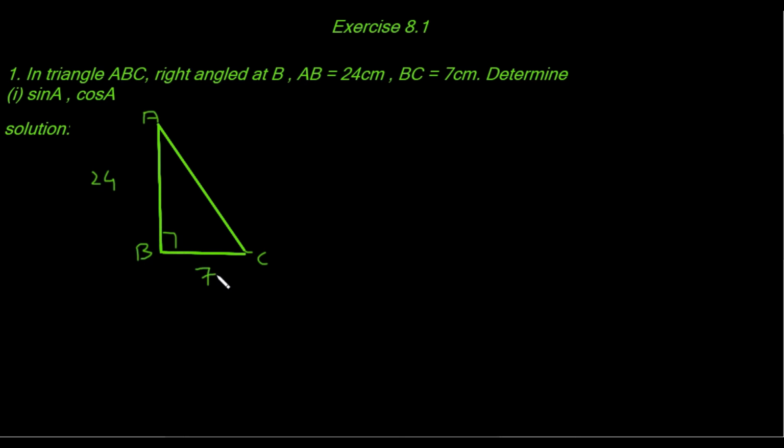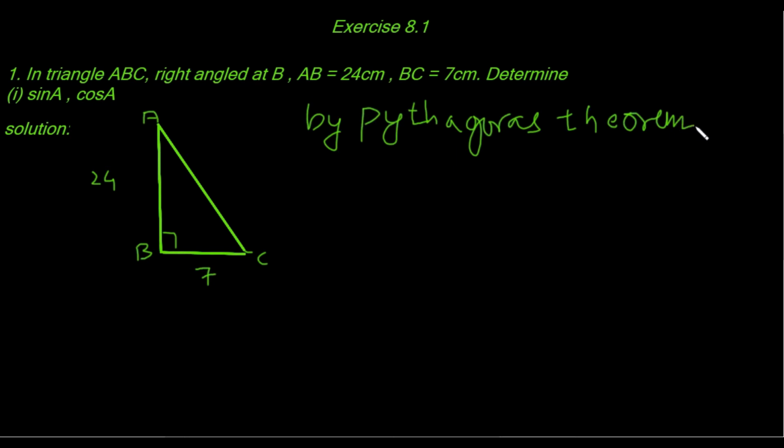Now since we can see in the diagram that the hypotenuse side is not given to us, we just have to find it by using the Pythagoras theorem. As we know, according to the Pythagoras theorem, the square of the hypotenuse side, which is AC, is equal to the sum of the squares of the other two sides of triangle ABC, which are AB and BC.